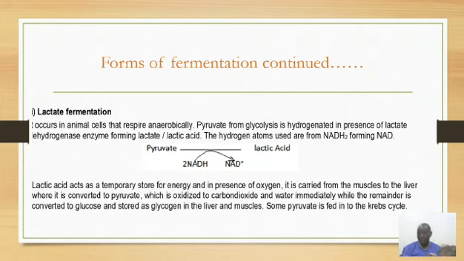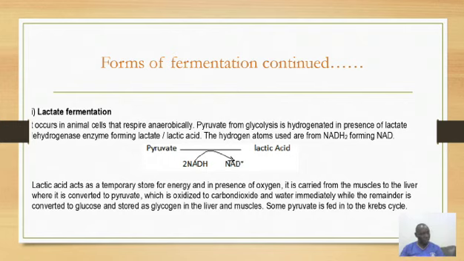Another pyruvic acid is converted to glucose and stored as glycogen, because animal cells store carbohydrates as glycogen in the liver and muscle. While another portion of pyruvate is fed into the Krebs cycle. We are going to see what happens to pyruvate in the Krebs cycle, that is, in presence of oxygen.